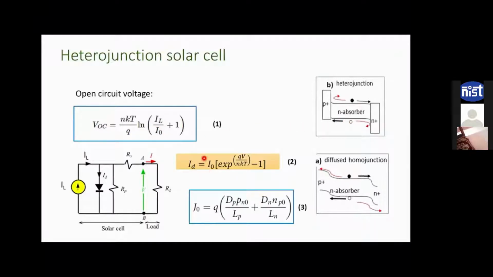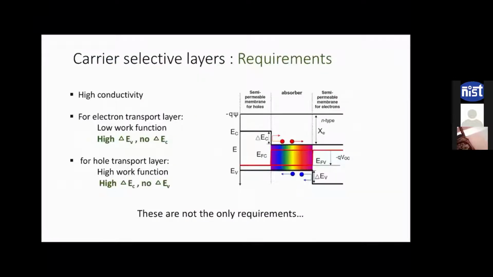You are reducing the diode current or the saturation current. So obviously, if this I0 is less, your VOC will increase. Now we know how a heterojunction helps in achieving good VOC of a solar cell.